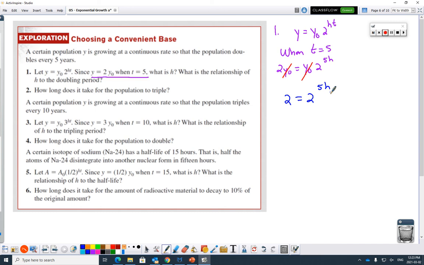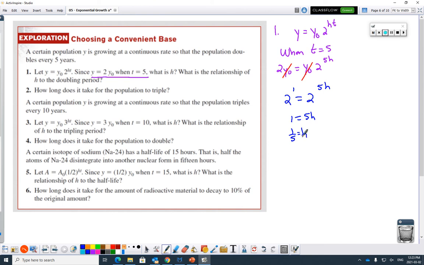In many questions you'd have to ln here to track down this 5h, depending on the information they gave you over here. But this one's particularly nice because they both have base 2. So I can go 1 equals 5h. So my h is 1/5.